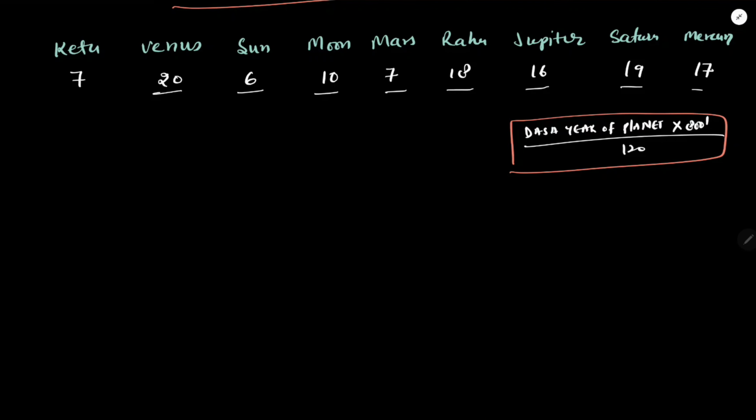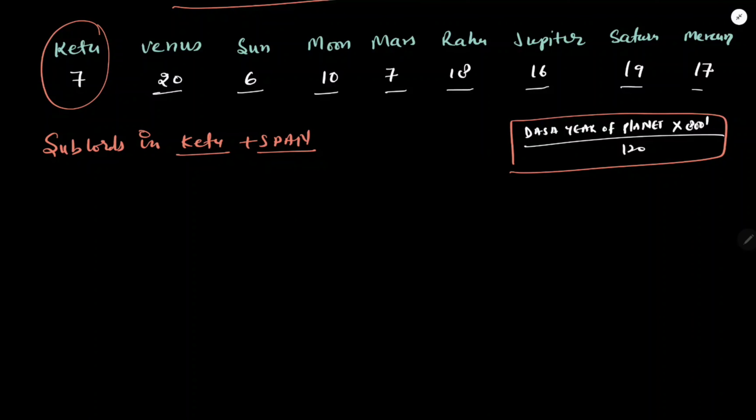So if we need to find the sublords of Ketu along with their span, the first sublord within Ketu will be of Ketu, because it will start from Ketu, then Venus, then Sun, then Moon, and so on.